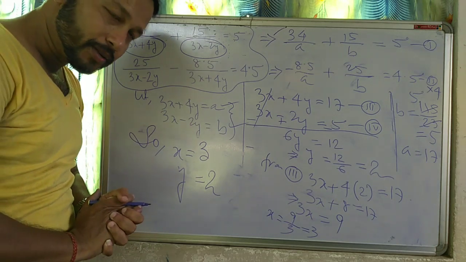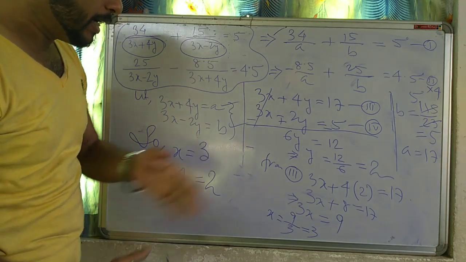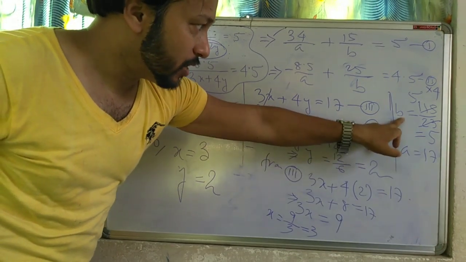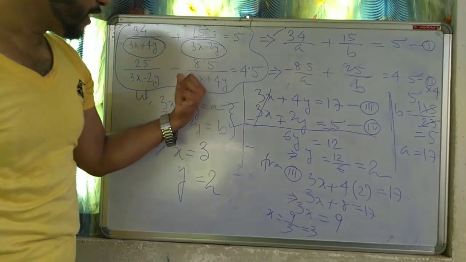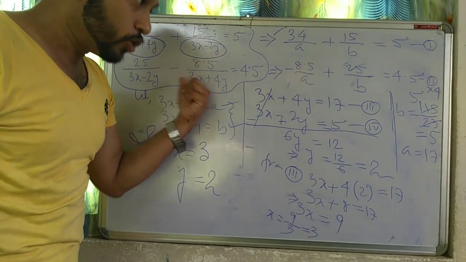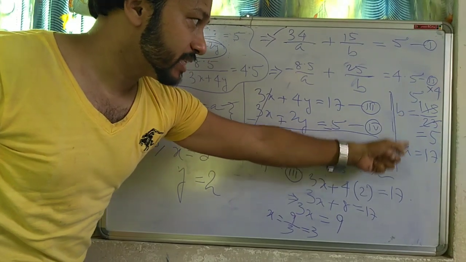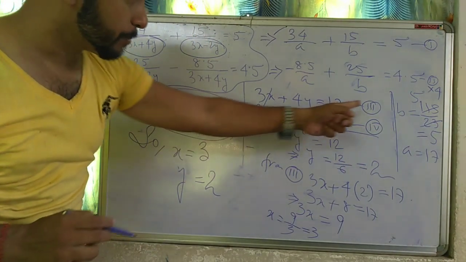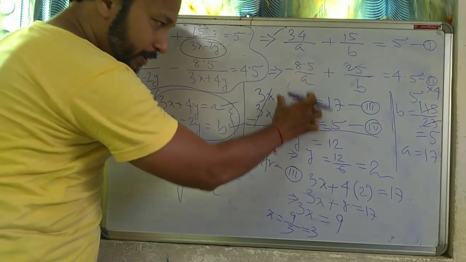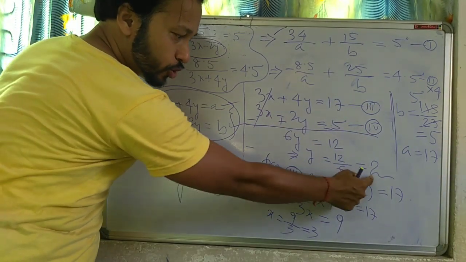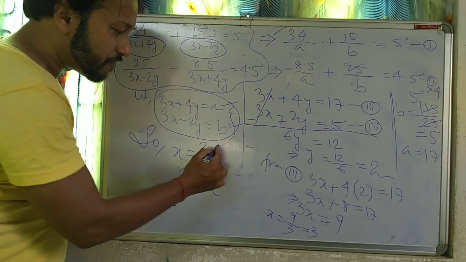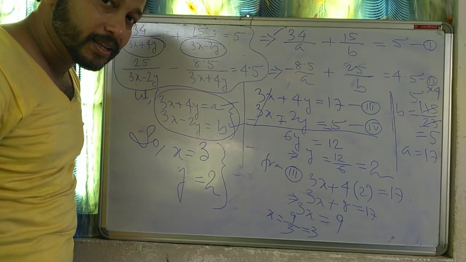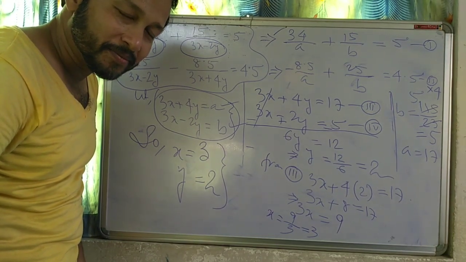Then we got A and B, but we are required to find x and y. So from A and B, I formed two other equations, equation number 3 and 4. By solving these equations, I am getting y equal to 2, x equal to 3, which is the final answer of this sum. I hope you understood.